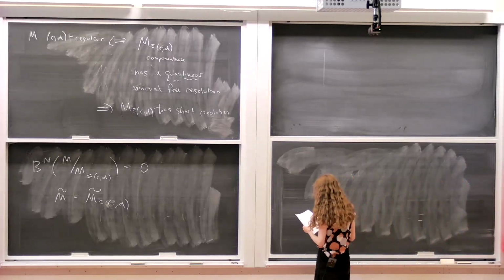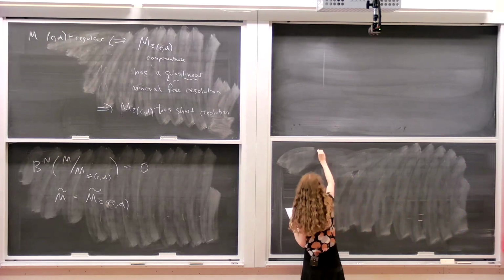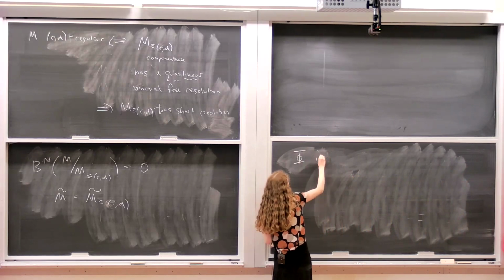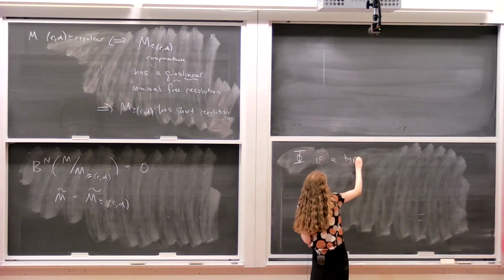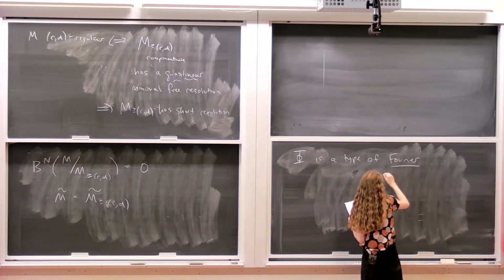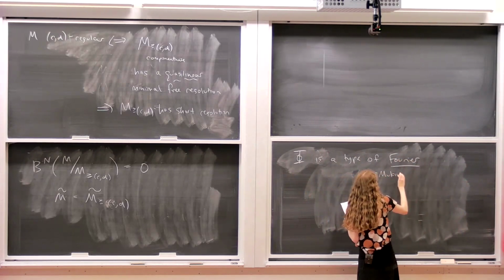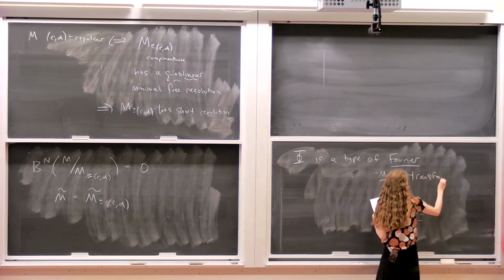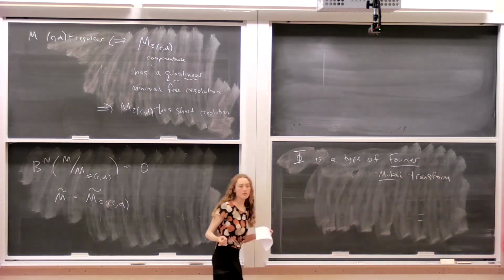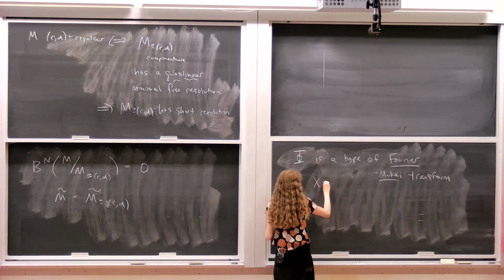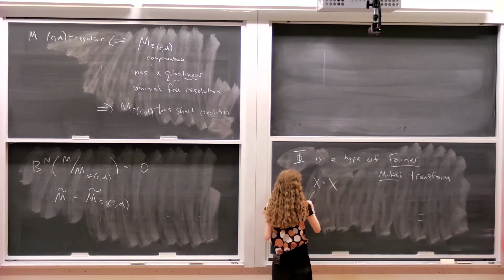It's a well-known construction in derived algebraic geometry called a Fourier-Mukai transform. This is a type of derived functor that's well studied in derived algebraic geometry. It's a class of functors, and this is going to be one of them.